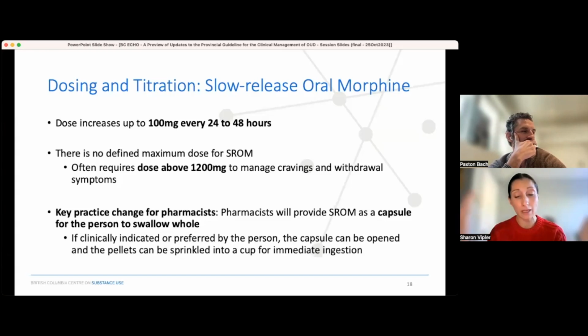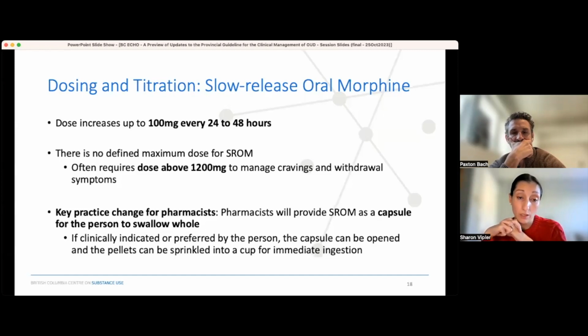There are practices in hospital settings or withdrawal management sites that are closed sites in which you could be more assertive, but that's obviously with the assistance of regular medical monitoring. This is in the context of an individual going to take a dose and being evaluated in an outpatient setting. There is no defined maximum dose for slow release oral morphine.